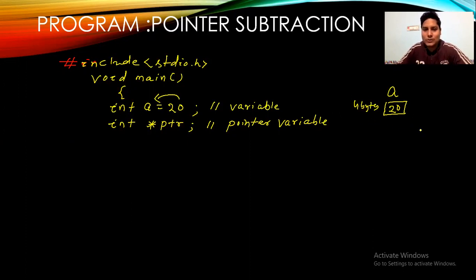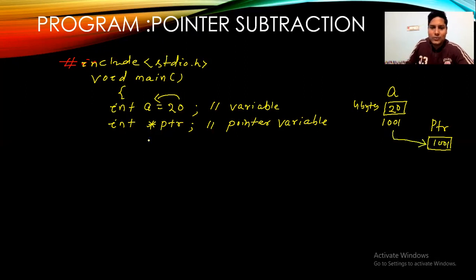Next, ptr is the pointer variable. We know a pointer variable stores the address of another variable. Suppose the address of a is 1001. The address may be different. This address will be stored inside the ptr variable.